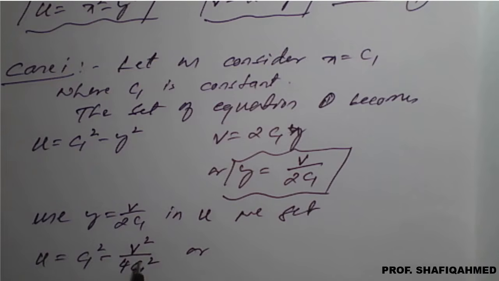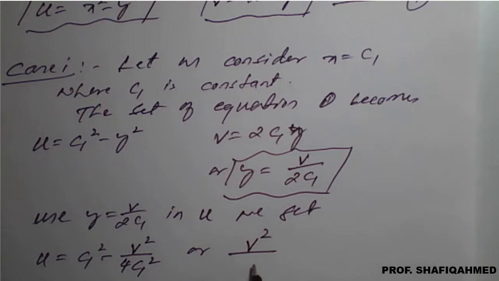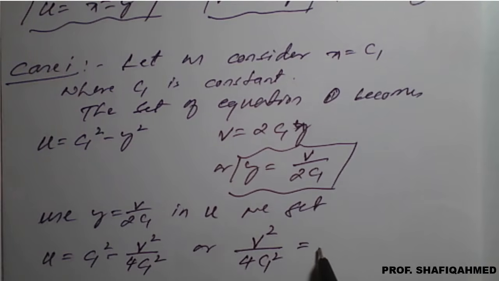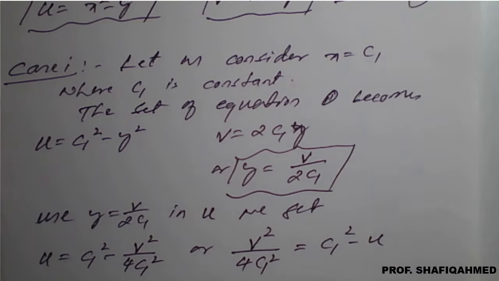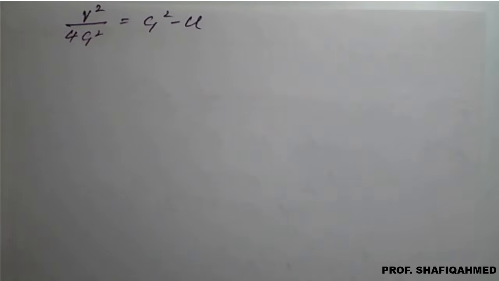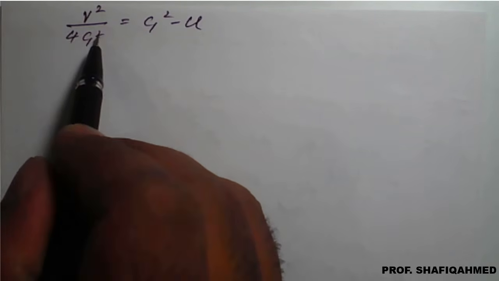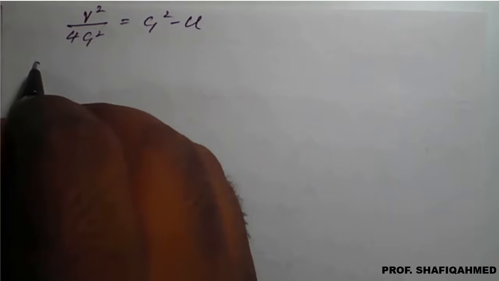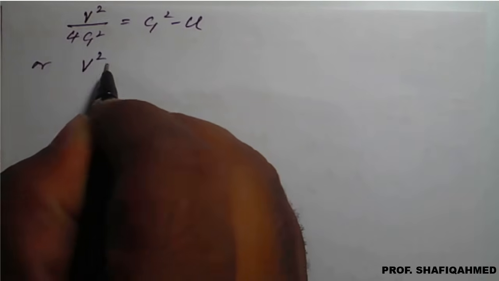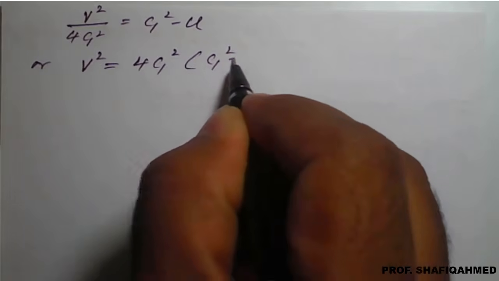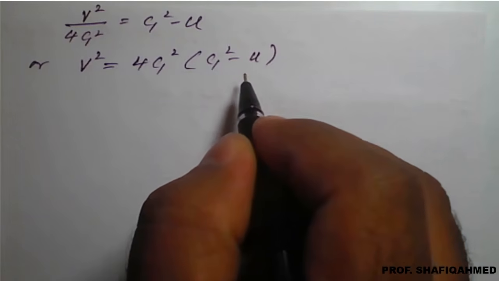Shifting to the left hand side, v square divided by 4 c1 square is equal to c1 square minus u. Or cross multiplying, v square is equal to 4 c1 square into (c1 square minus u).